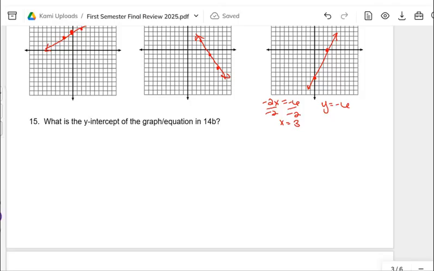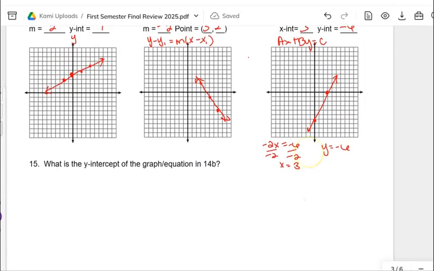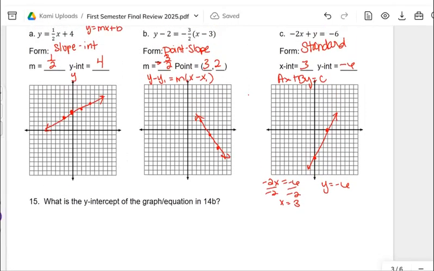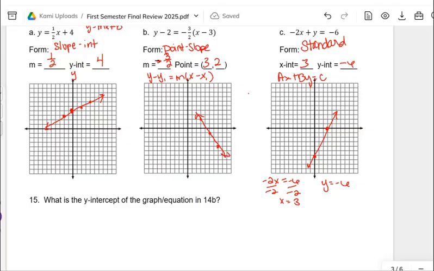Okay, this says, what is the y-intercept of graph or equation 14b? So all you're going to do here when you're finding the y-intercept, you plug 0 in for x. So I'm going to have y minus 2 equals -3/2 times 0 minus 3.